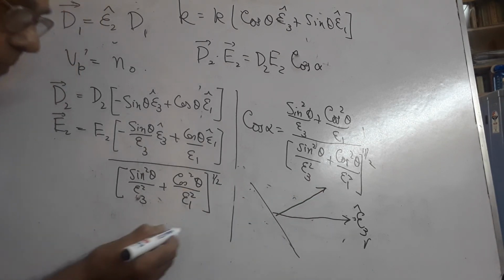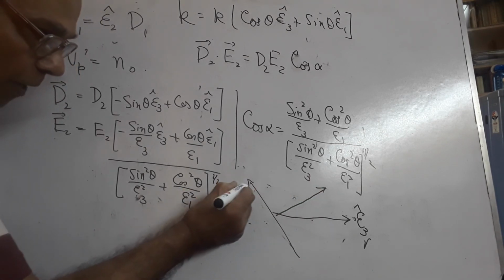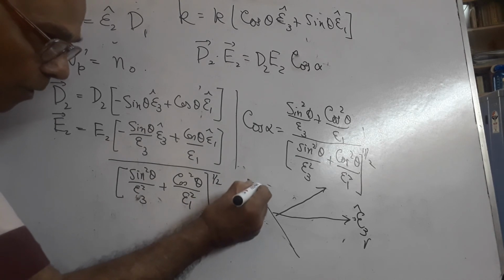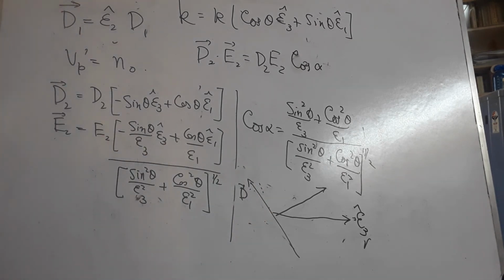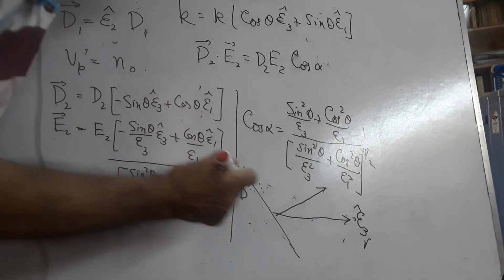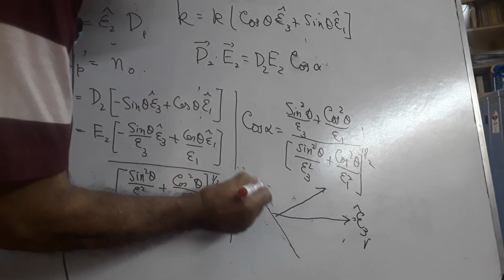I should draw this perpendicular. This is my D, and my E, let me draw E with a different colored pen, a red pen.